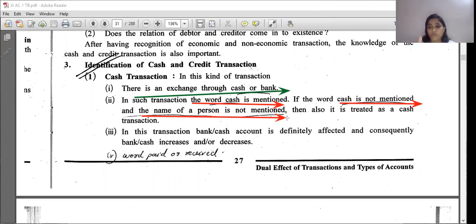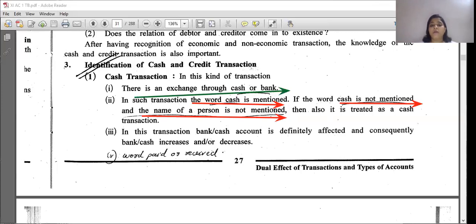Here the word cash is not there and no name of a party is given. Again I am repeating the transaction: sold goods of rupees 10,000. To whom I had sold, I had not given the name. I had not mentioned I had received cash. But it is a cash transaction because sold goods of rupees 10,000 means it's a sale and we had received a cash amount. Is it clear? So it is a cash transaction.